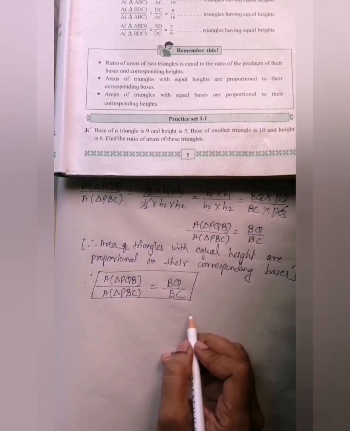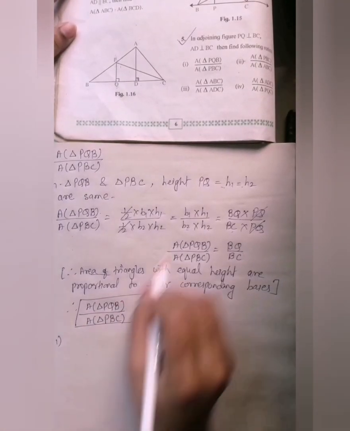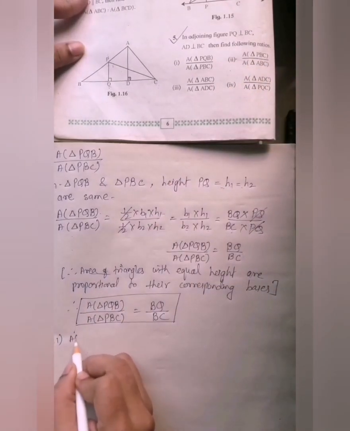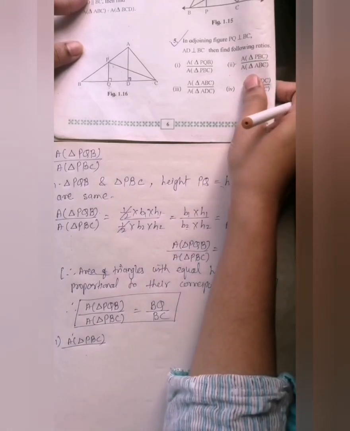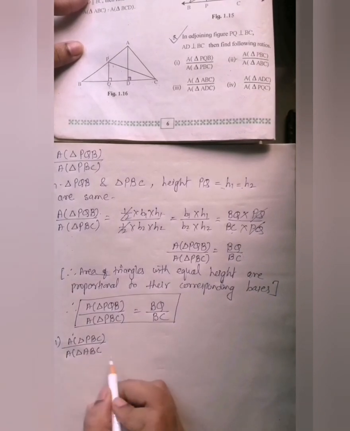Now go to the second one. Now write down the second one. So what is the second one? Area of triangle PBC. First write down area of triangle PBC upon area of triangle ABC. So look at here.